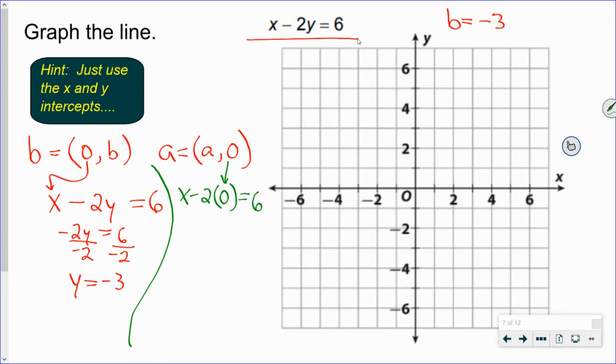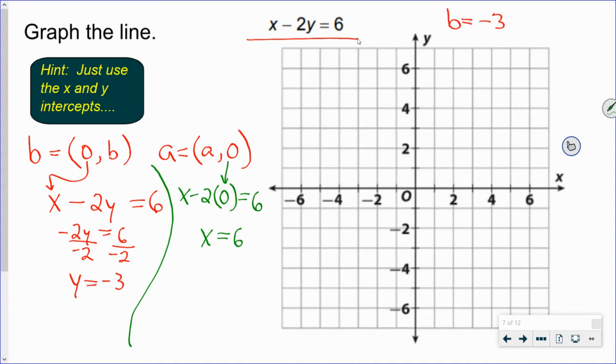So what is x minus 2 times 0? 2 times 0 is 0, so what's x minus 0? It's just x. When I multiply by 0, that term basically drops out.